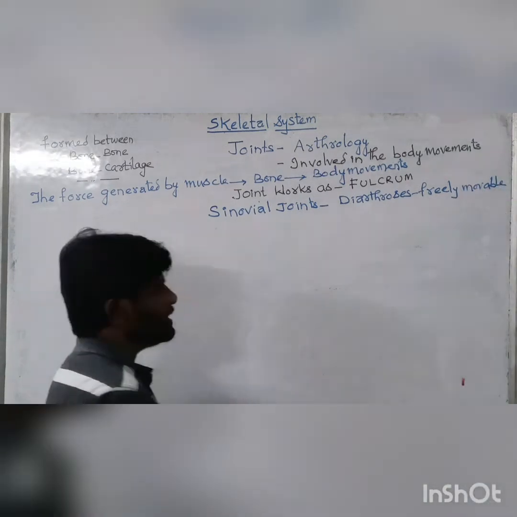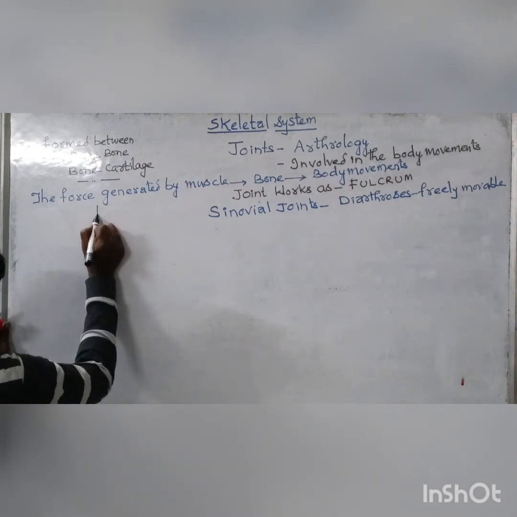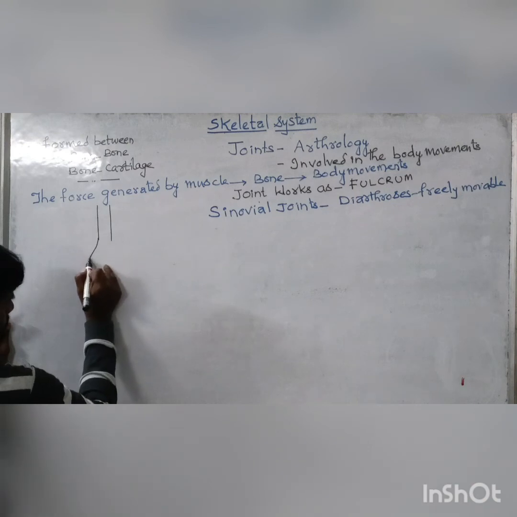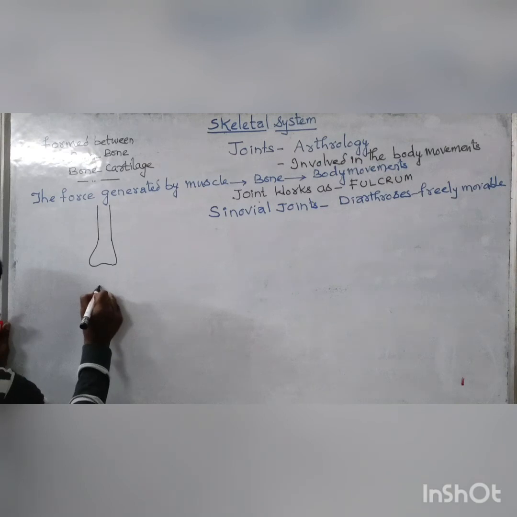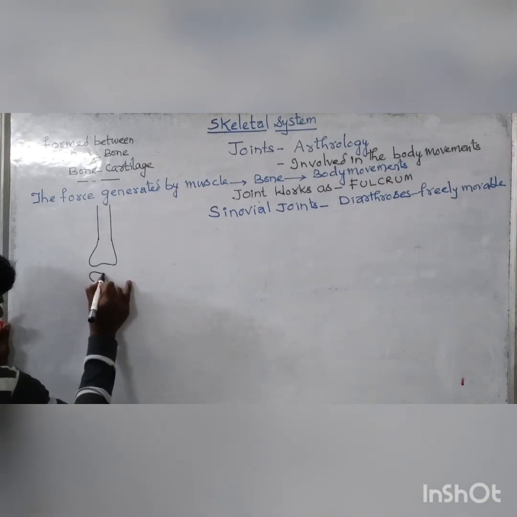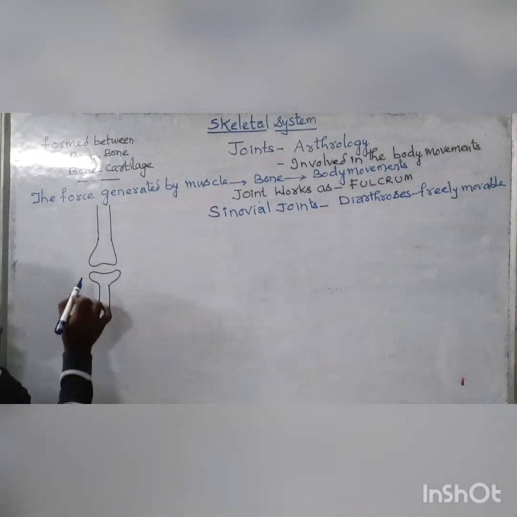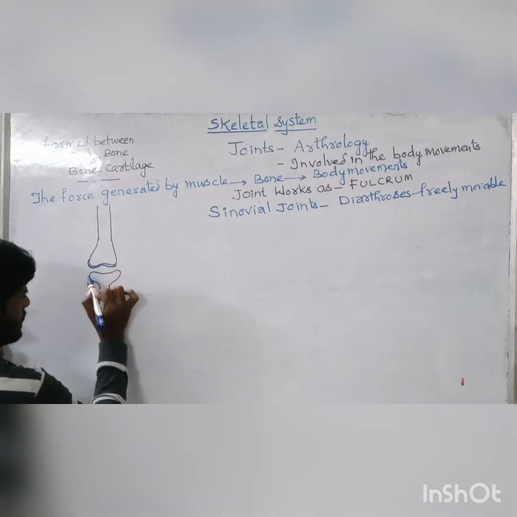Once again I draw the diagram of a synovial joint. This is a bone. This is another. The tip of the two bones has the cartilage. This is the cartilage and this is the cartilage.